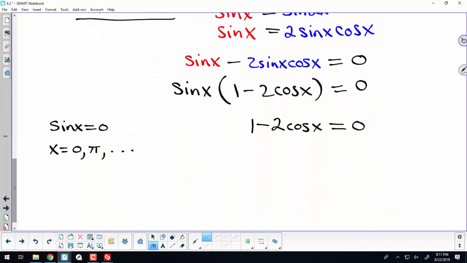So 1 minus 2 cosine x. When does the cosine of x equal 1/2? The other one. Pi over 3. Yeah, pi over 3.